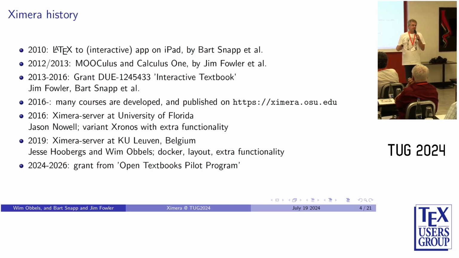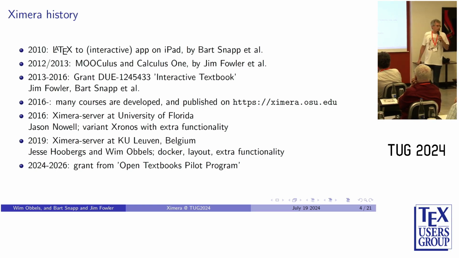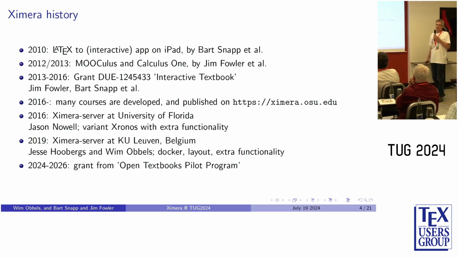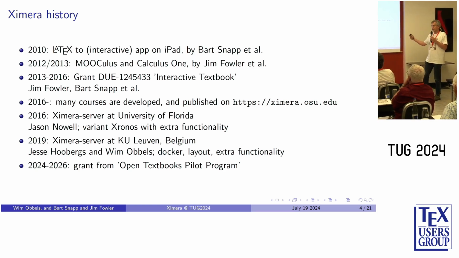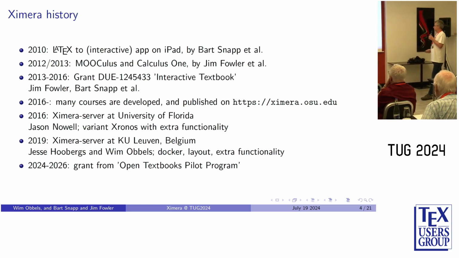But things have changed, because in 2024, Jim and Bart, who are the developers and owners of Ximera, the open source project, got a rather important grant. And so right now there is again money to do actual development. We got in touch a few months ago, and we are now in the process of integrating whatever we did in Ximera with what they plan to do next. This is what I will also talk about.